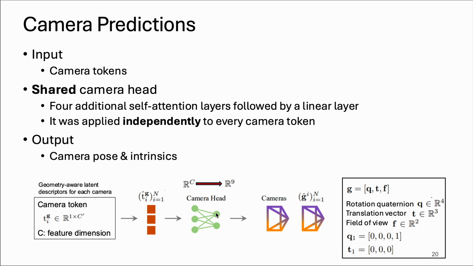This camera head contains 4 additional self-attention layers followed by a linear layer. All of the n cameras are fed to the camera head independently. Basically, the camera head is just a mapping which maps a single C-dimensional token to a 9-dimensional feature vector.